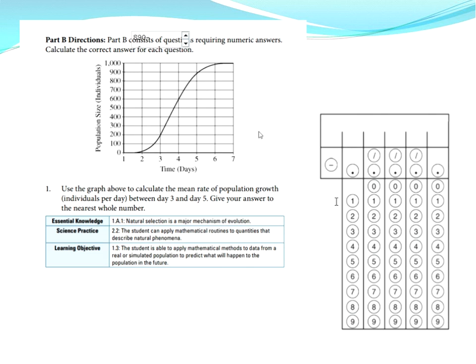Okay, so does that make sense? They do give you some leeway on those numbers. It's not going to have to be exact because obviously you're reading the graph, so there is leeway.